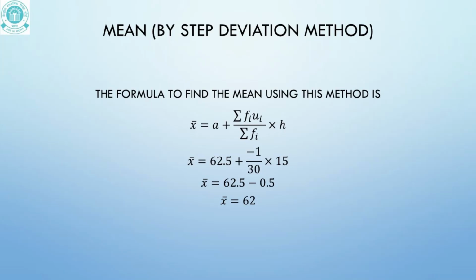X bar equals 62.5 minus 0.5, which gives the result of mean as 62. So, dear teachers, we can tell our students whichever method we use to find the mean, the value of the mean will remain the same in each method.